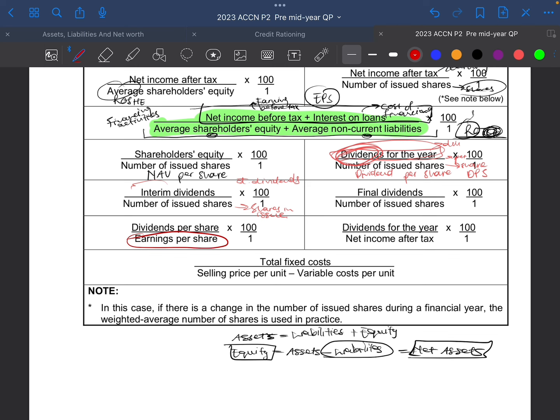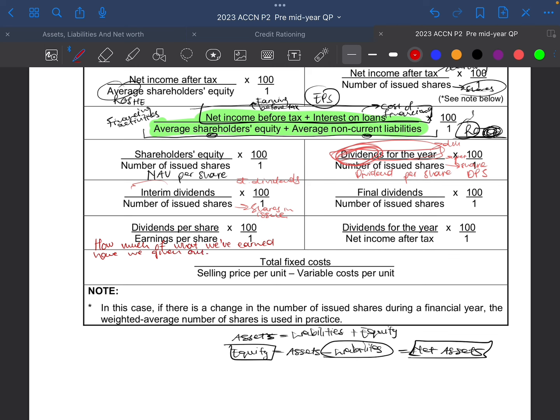How much of what we've earned have we actually given out?